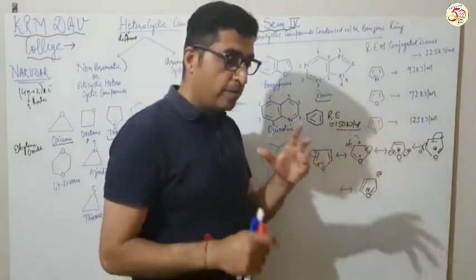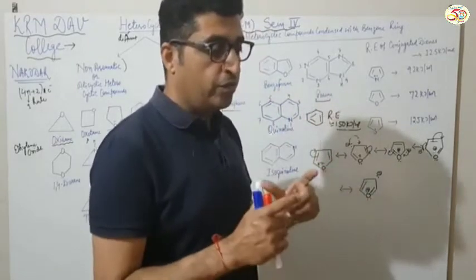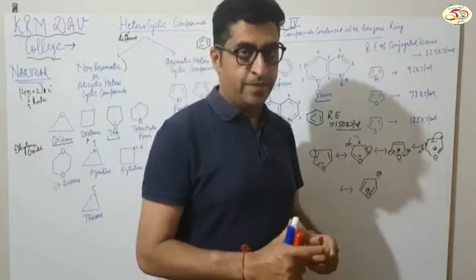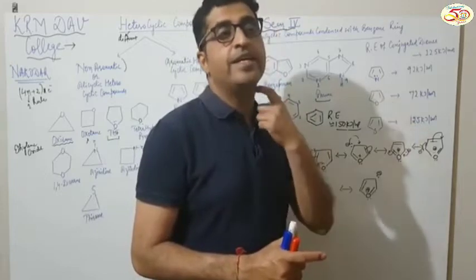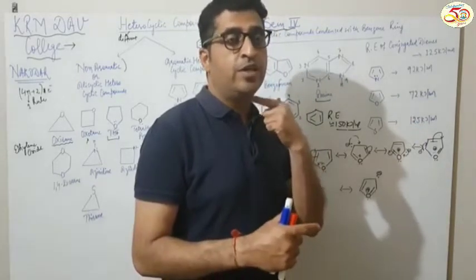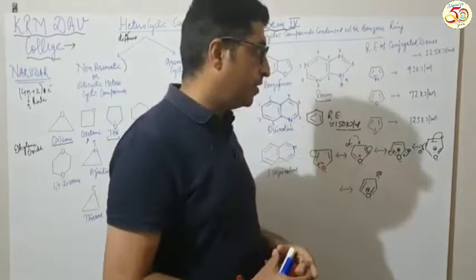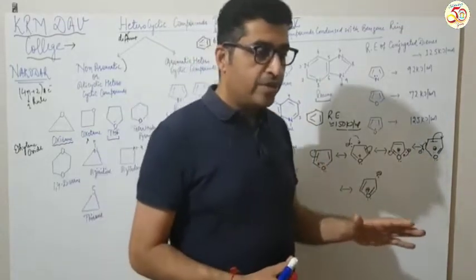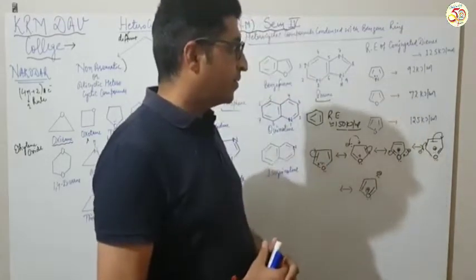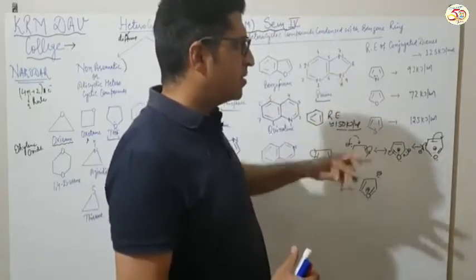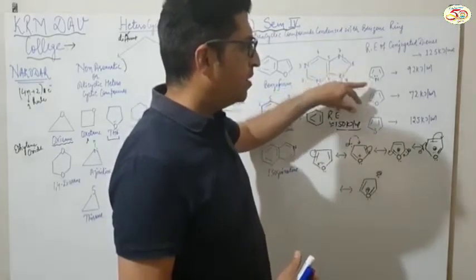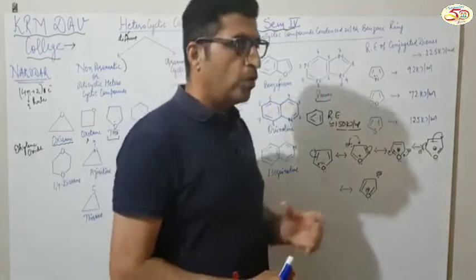And students, we must know the rules of resonance. You will get the answer to my previous question easily. If I compare the resonating structures, let us take the case of pyrrole and furan. What do you think?